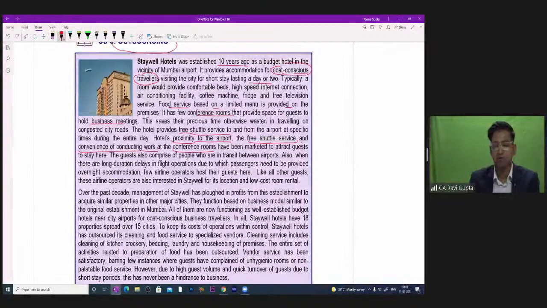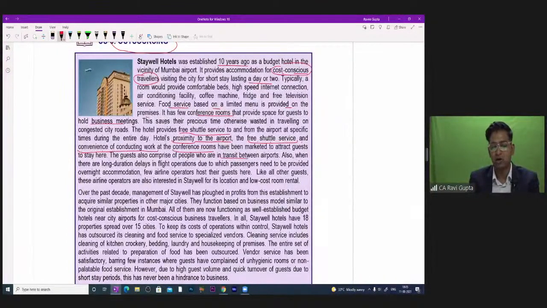The guests also comprise people who are in transit between airports. For example, if you want to travel to other countries or other cities going via Mumbai, and there is a gap in transit.